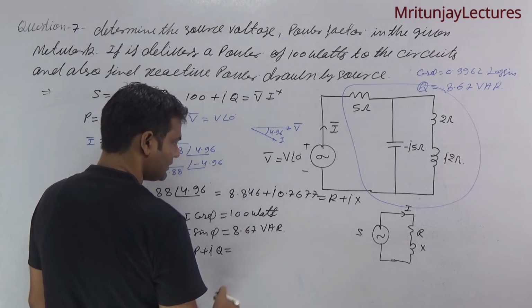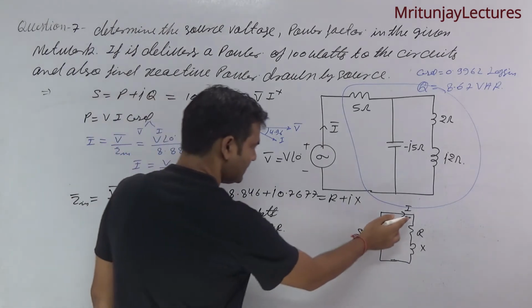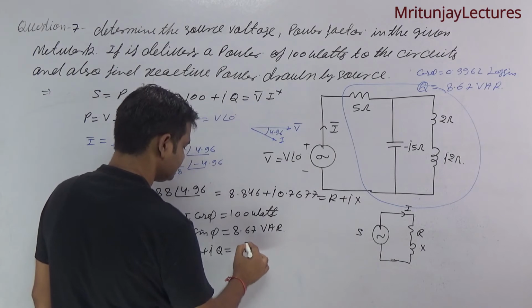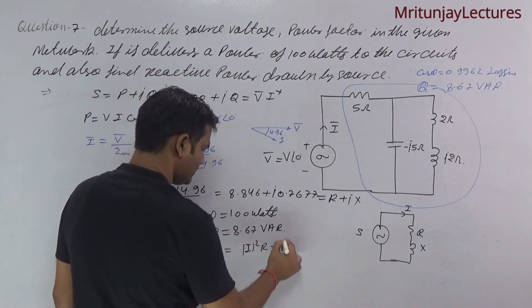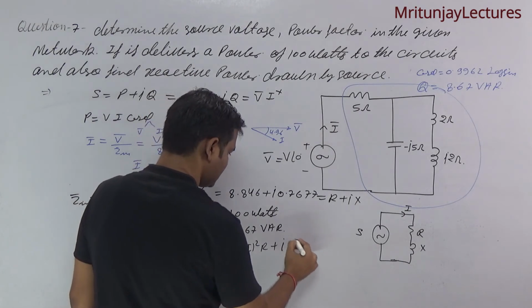Or you can say that P is I square into R, plus Q is I square into X.